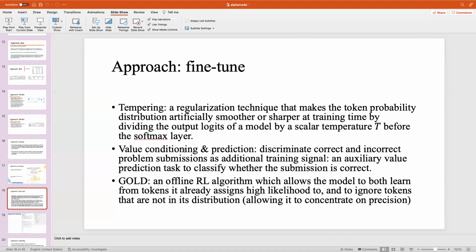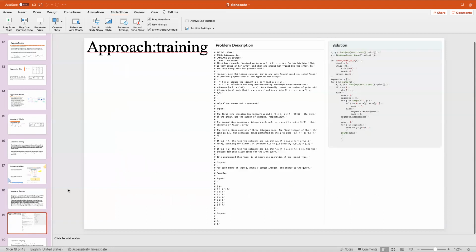Here is an example from AlphaCode during the training phase. The left is what is included in the training data.